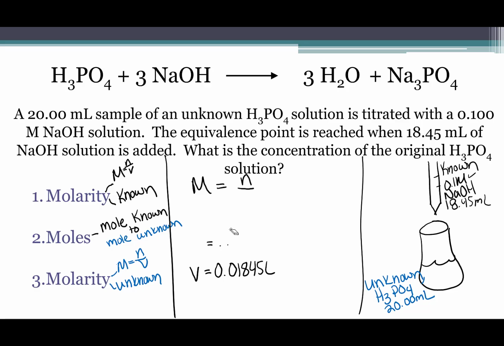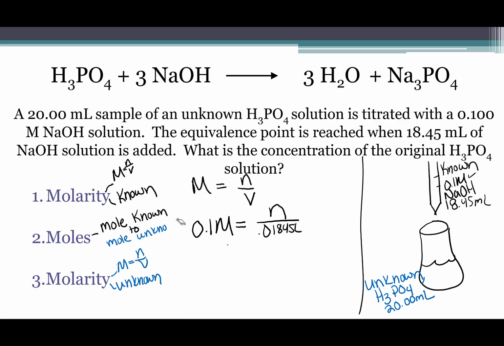So I erase it just because I run out of room. I suspect you're going to just keep working on your paper. So 0.1 molar, number of moles on top, 0.01845 liters on the bottom. Okay. All right, so just an algebraic rearrangement. I want to multiply by my liters to get that out from my fraction. Whatever I do to the right side, I also have to do to the left side.